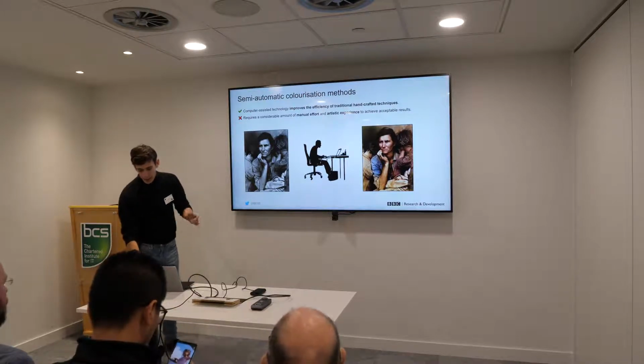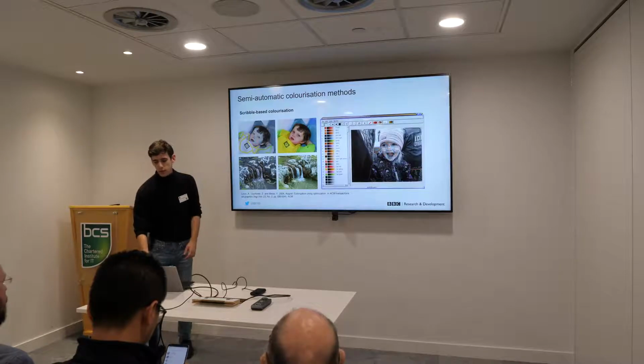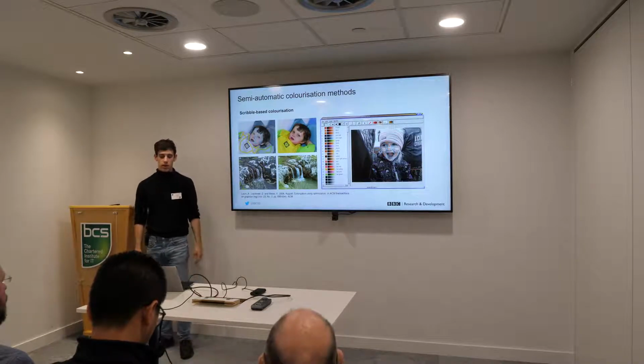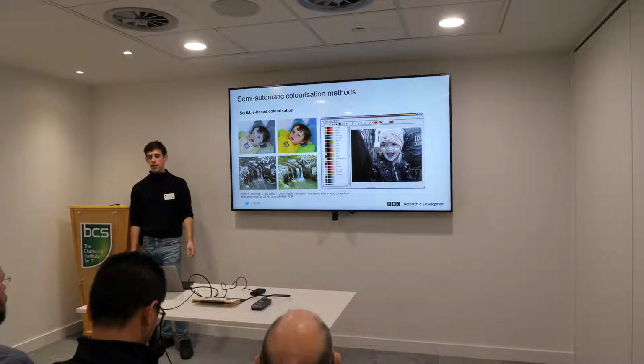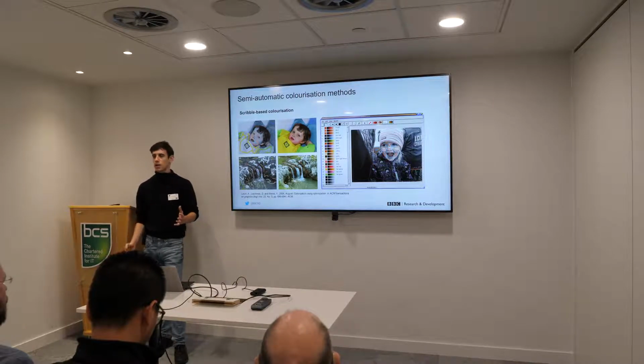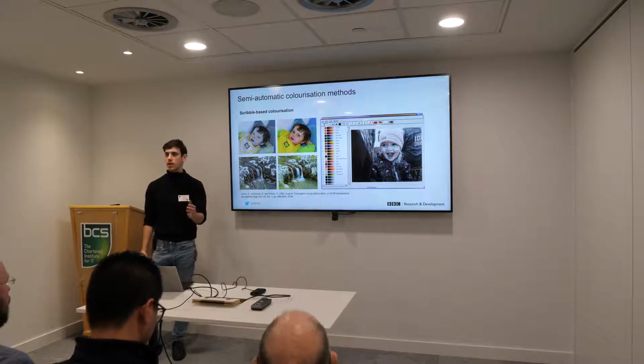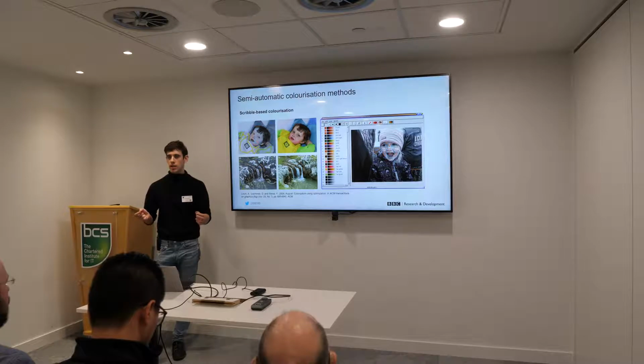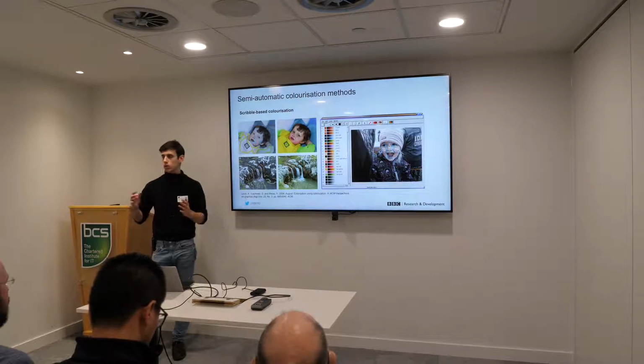Some examples of these semi-automatic methods are some recent works. For example, this is scribble-based colorization. We have a technology that helps the user get a colorized version of grayscale images, and mainly the user places some scribbles and references in the image, and then the system learns how to transfer and expand these scribbles to the whole areas of the image.